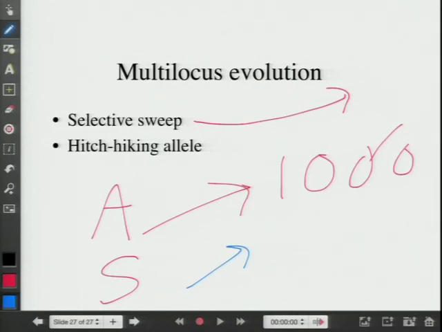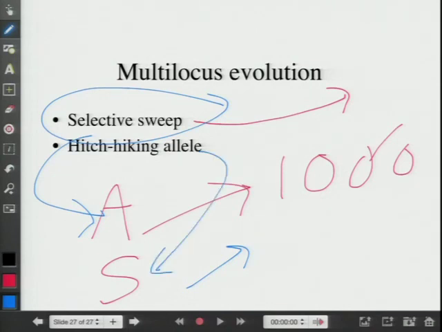That's going to depend. The selective sweep is the direct selection on alleles of one locus, and hitchhiking is the indirect effect on some other linked allele that then increases in frequency. It's getting taken along for the ride, is the idea of hitchhiking. Okay. Does everyone understand all that stuff?